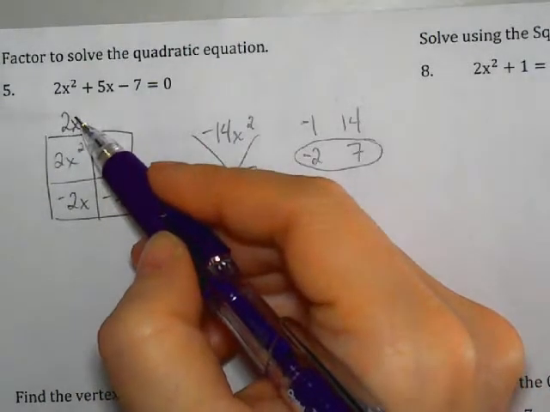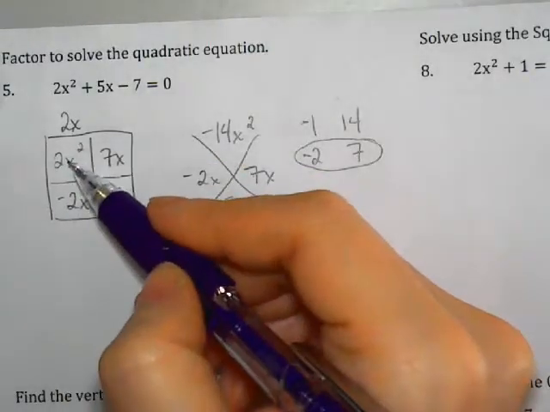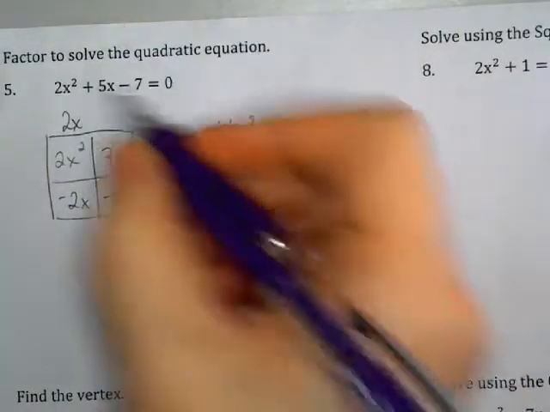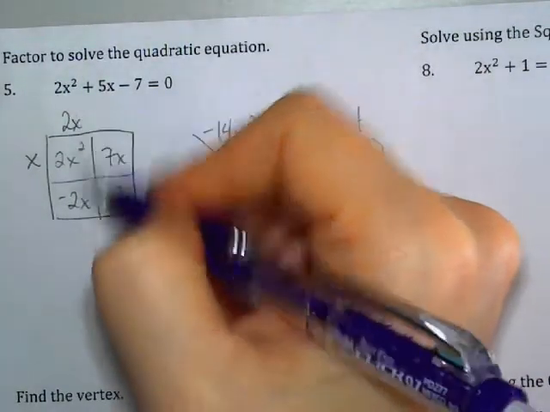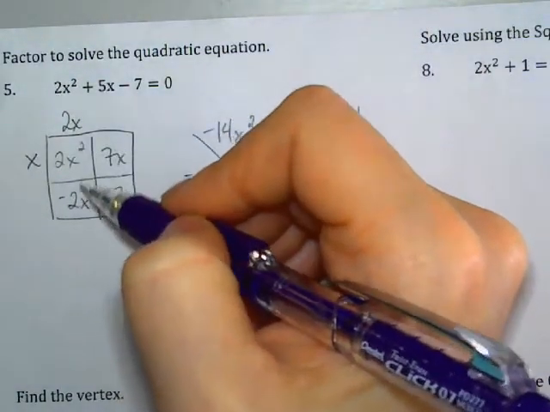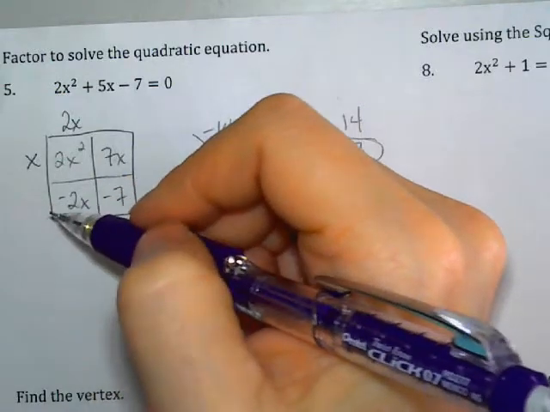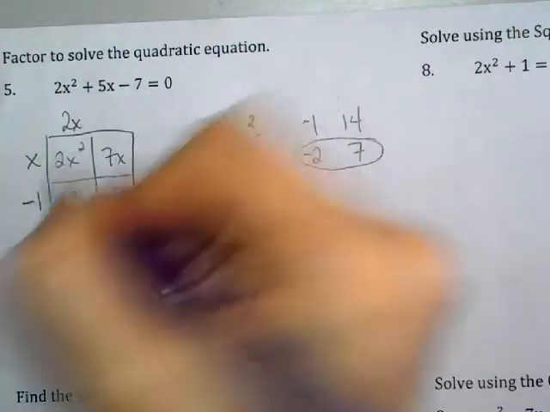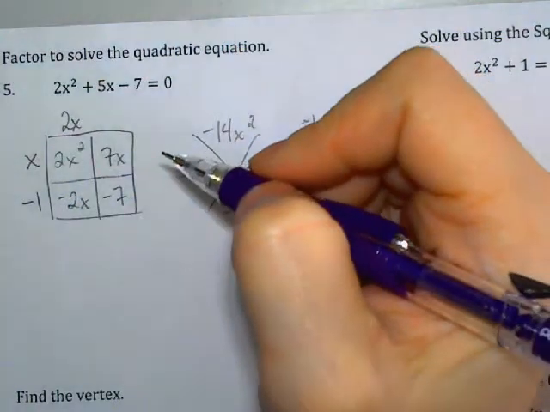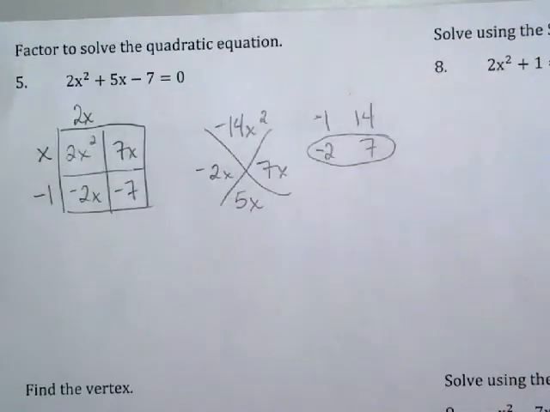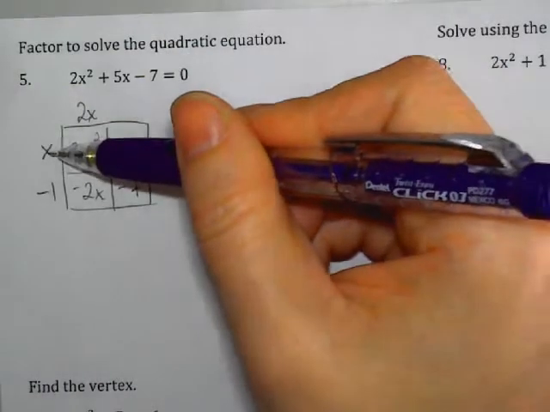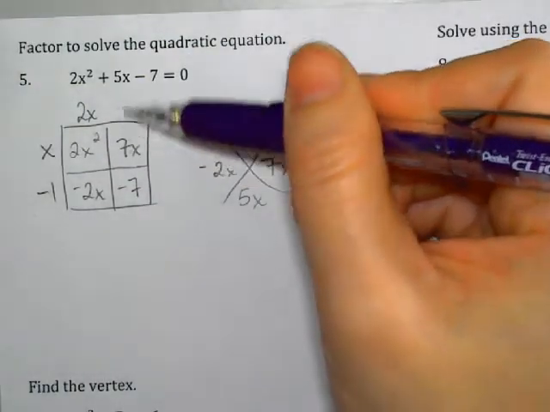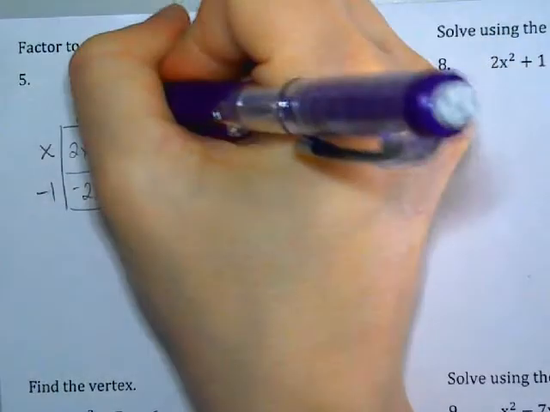Now, what do you multiply 2x by to get 2x squared? 1x, or just x. What do you multiply 2x by to get negative 2x? Negative 1. Okay. Then, what do we multiply x by to get 7x? 7.